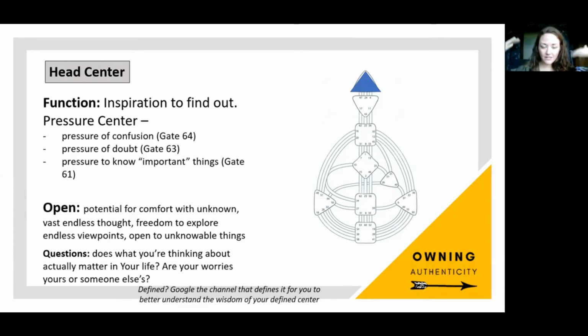That's the whole point of this pressure center. But you can experience it as excitement because you know that when you're inspired with a question, the answer's on its way. It's only a matter of time before I know the answer to this question. So when you see something that's unknown, it's only a matter of time before you're going to know it. So that's why I say open to unknowable things.